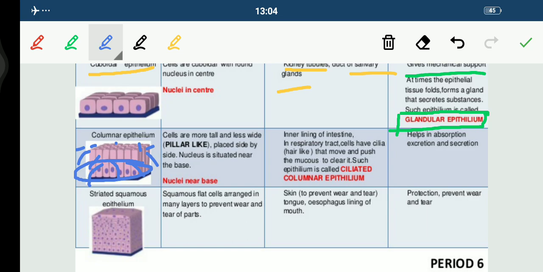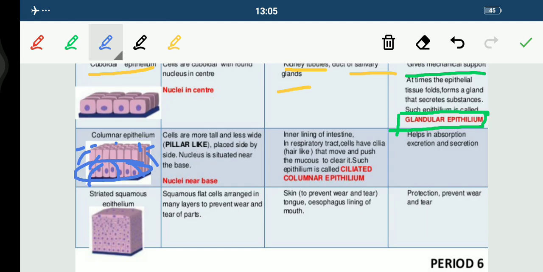Our respiratory tract should be properly cleaned. That is why this tissue is present in this region. Talking about their functions, it helps in absorption, excretion, and secretion.